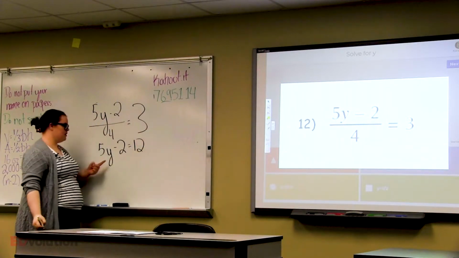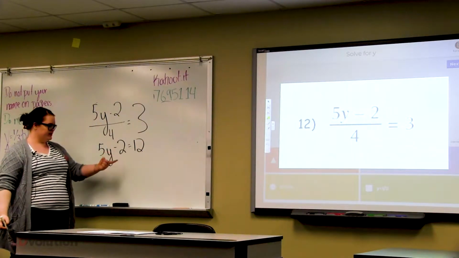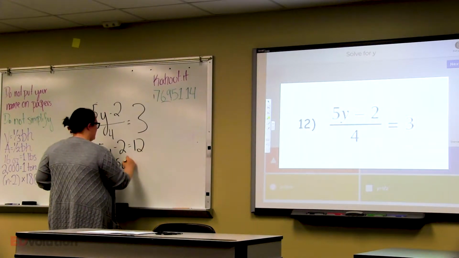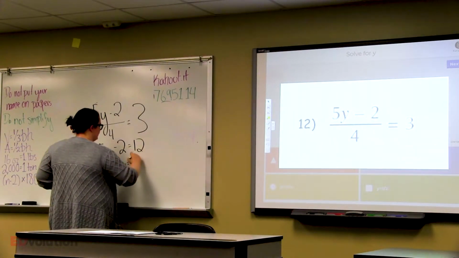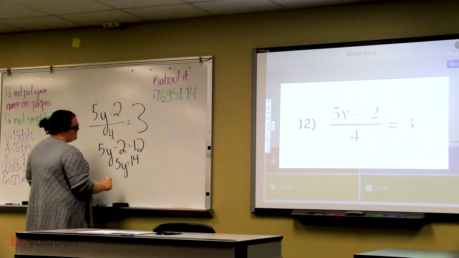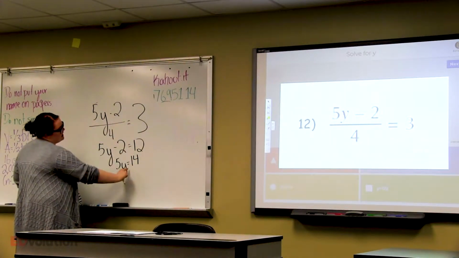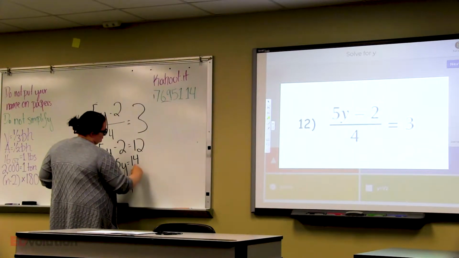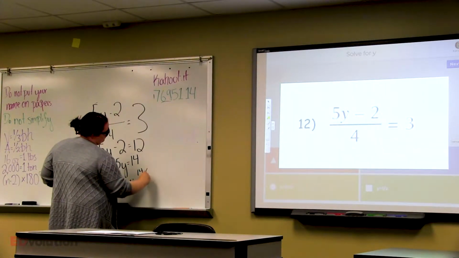And then we'd want to undo this subtraction with addition to have 5y equals 14. And then to undo this multiplication, we would divide. So y would equal 14 over 5.